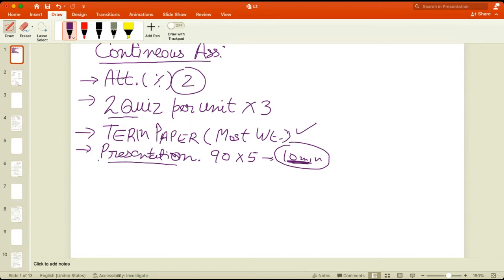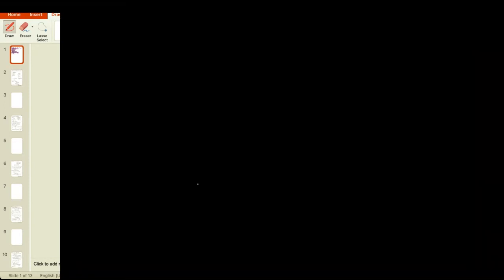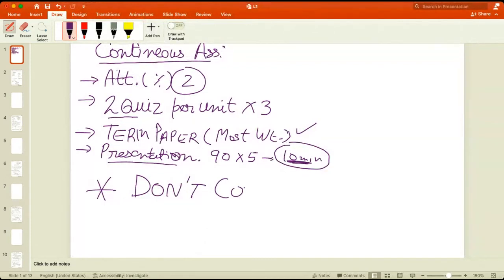The most important thing for me, and most of you are aware of this, is that you should not try to copy. This is the single rule of my class. Many of you did this last semester also, and you got the results.